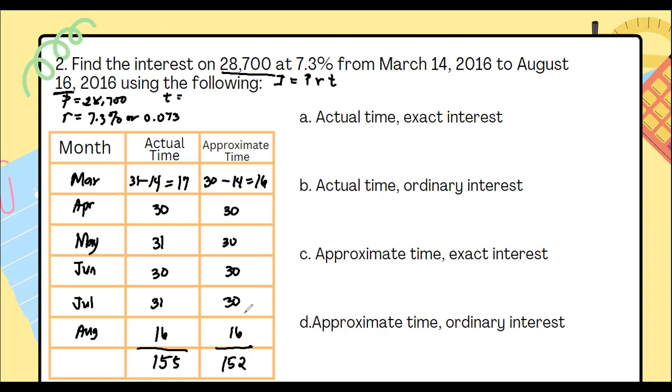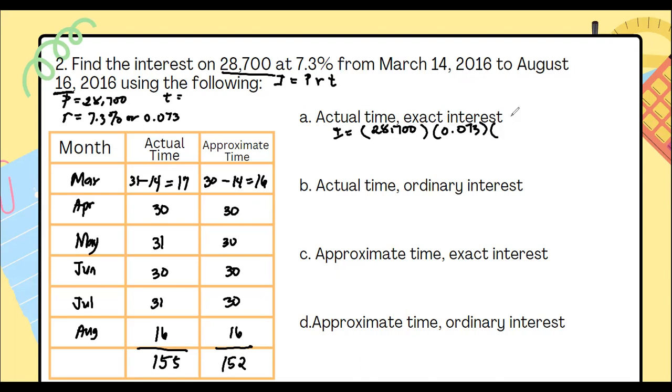Okay? In solving interest, the formula is P or principal times rate times time. So, dito, dadiretso ko na sa pag-substitute ng mga value natin sa mga variable natin. Yung principal natin, that will be 28,700. Our rate is 0.073. Take note na yung dapat ang isa-substitute nyo for rate ay decimal form po. Okay? Next, yung time natin.